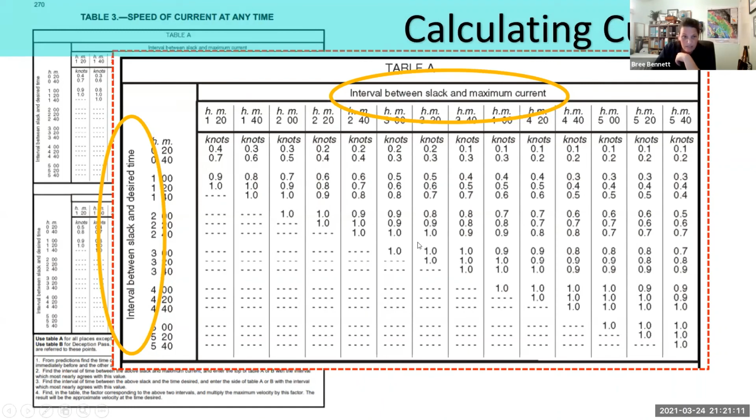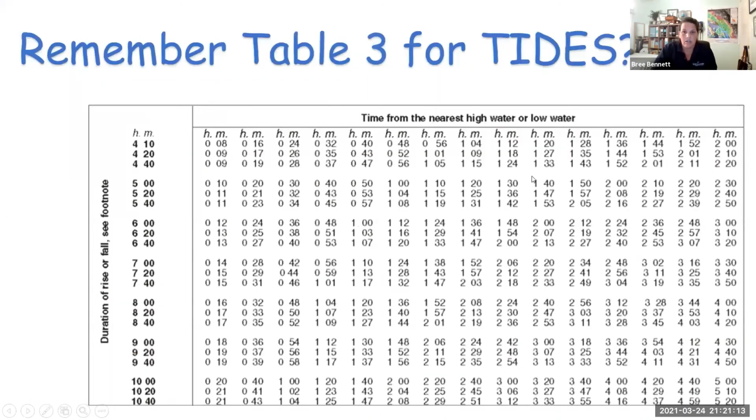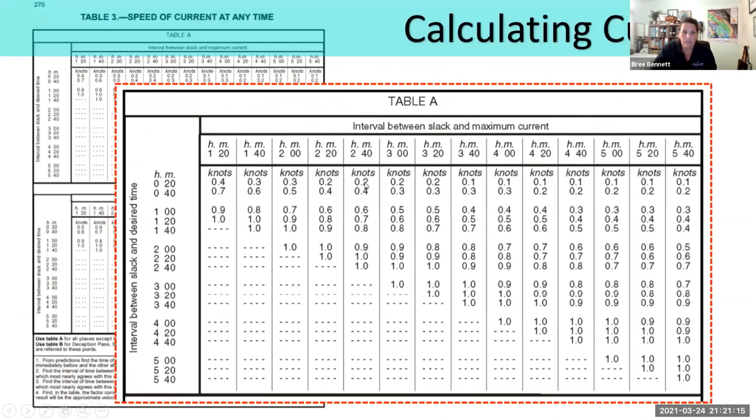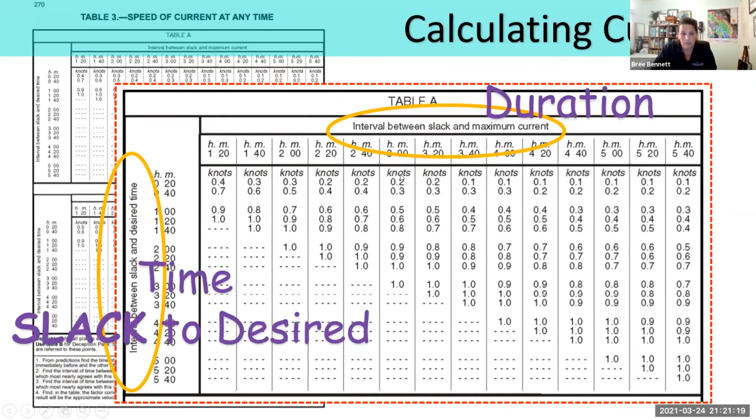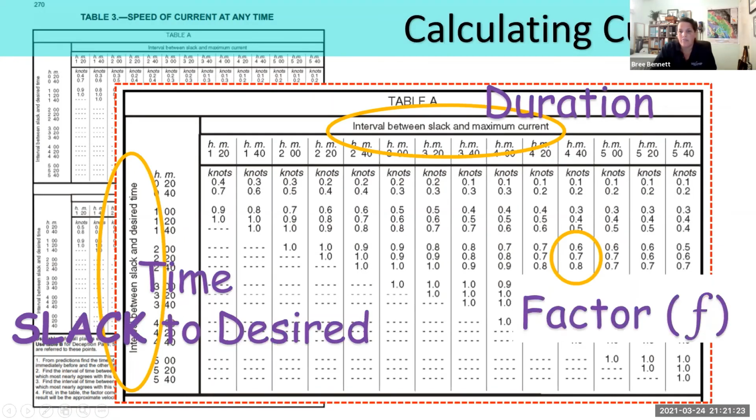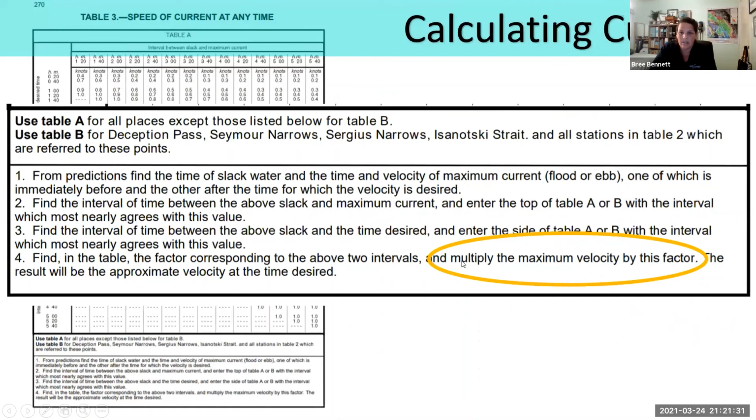Time to slack to the desired time: the value that we get is going to be a factor, and we're going to multiply the maximum velocity by this factor.